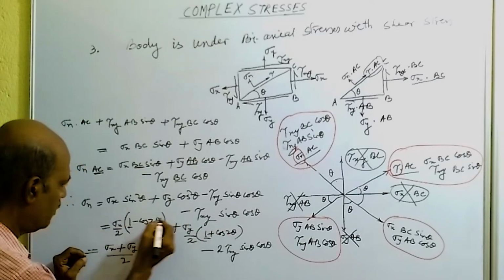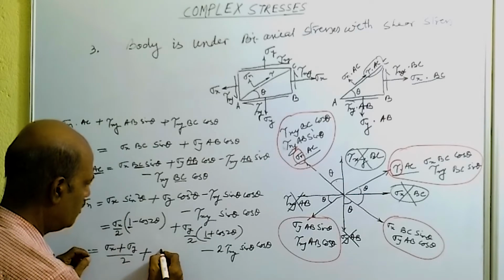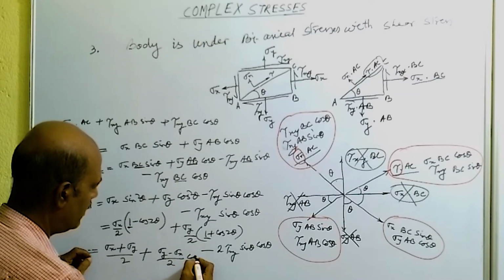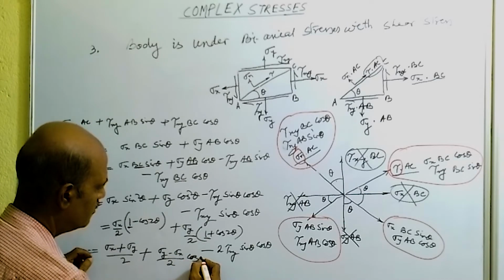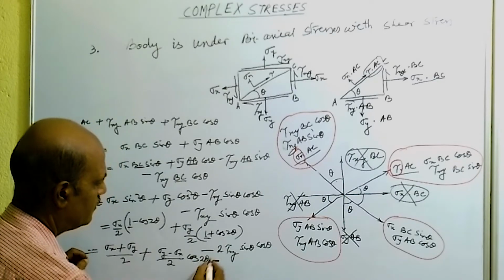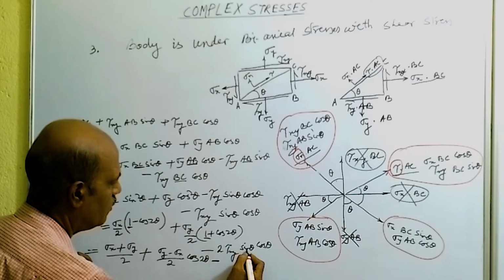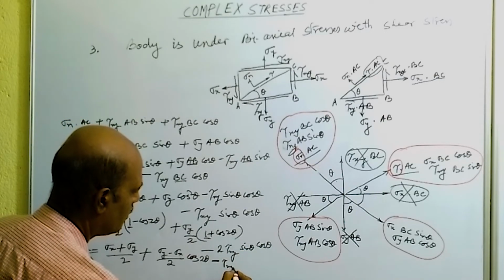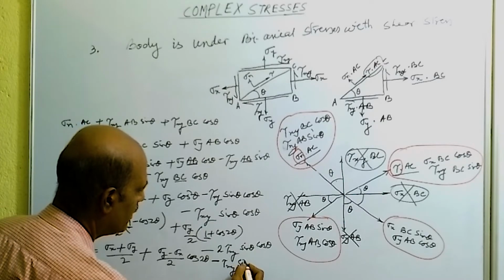Taking cos 2 theta common, it will be (sigma y minus sigma x) by 2 cos 2 theta, minus tau xy into 2 sin theta cos theta, which is equal to sin 2 theta, so tau xy sin 2 theta.